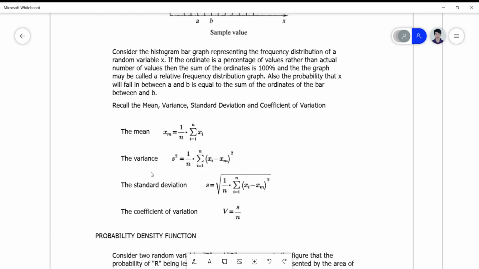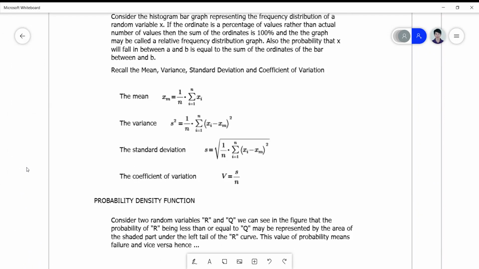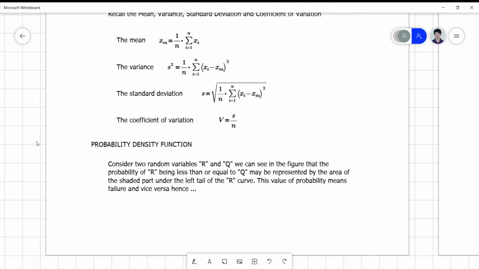That's what you call the variance. And for the standard deviation, simply take the square root of the variance. And for the coefficient of variation, we simply divide the standard deviation by the mean, and we get the coefficient of variation.